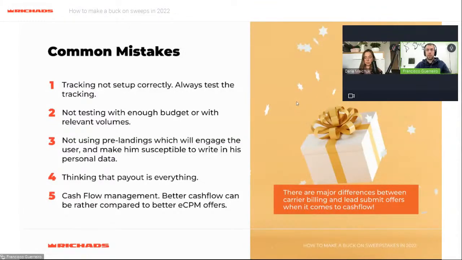And a sweepstake of carrier billing will have higher CR, because me, as a Portuguese user, I just need to click accept, and a lot of people click accept without reading the conditions, and you get a sale. But this is only for a specific carrier. For example, myself, I am a client of MEO on my personal phone. If I see an ad for this, I would only be able to subscribe via MEO.